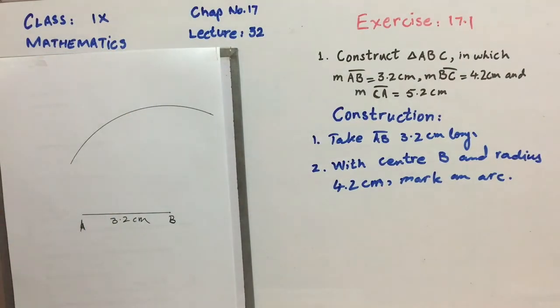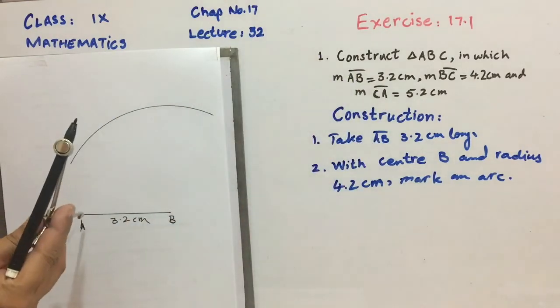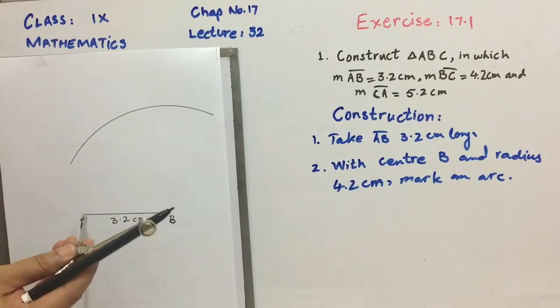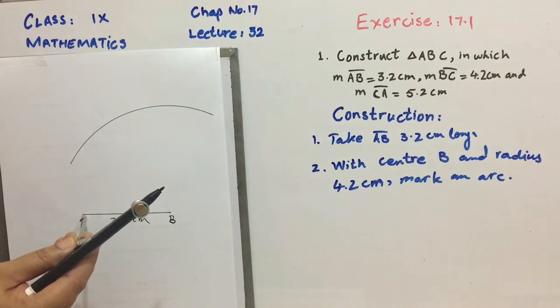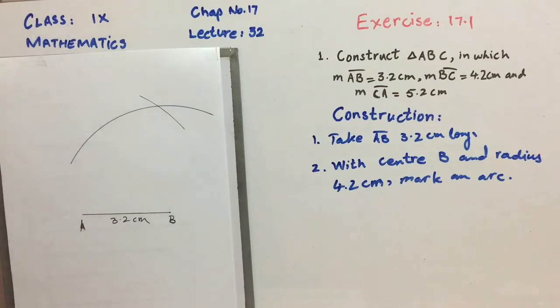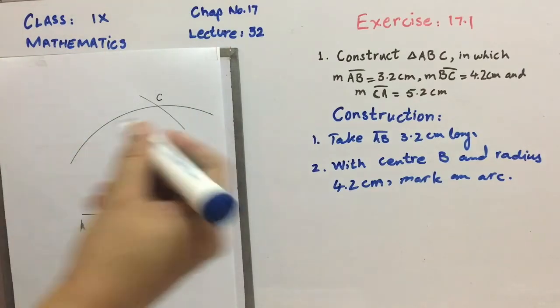Now adjust the compass for 5.2 centimeters, and with center A, keep the needle of the compass at A and mark an arc for 5.2 centimeters, which cuts the previous arc at point C. It is point C. Now note down the step number 3.